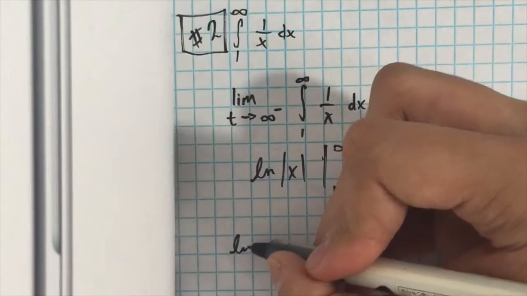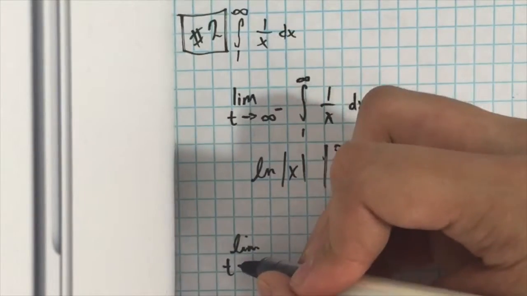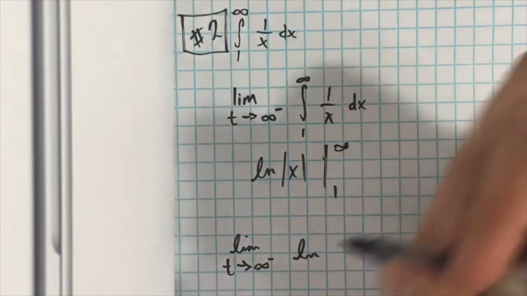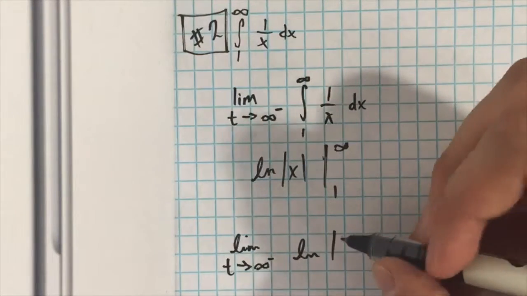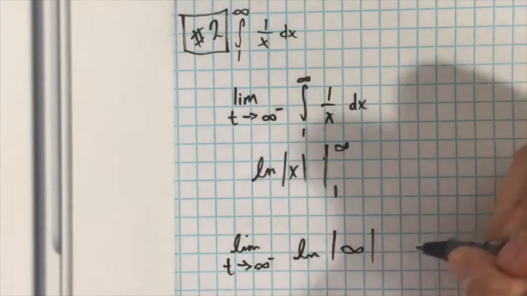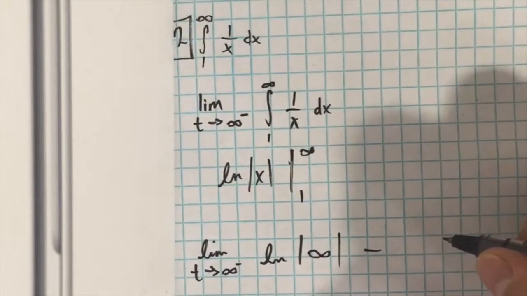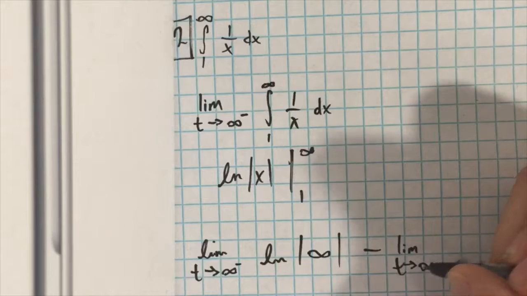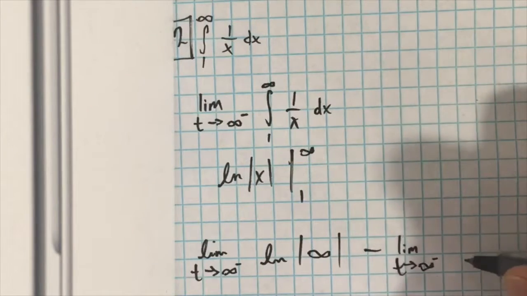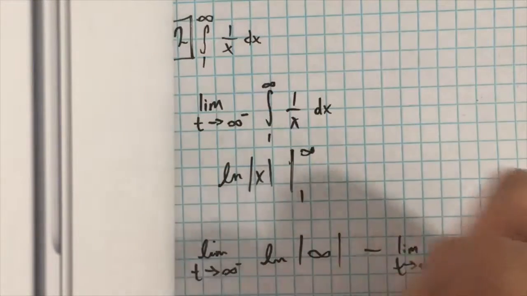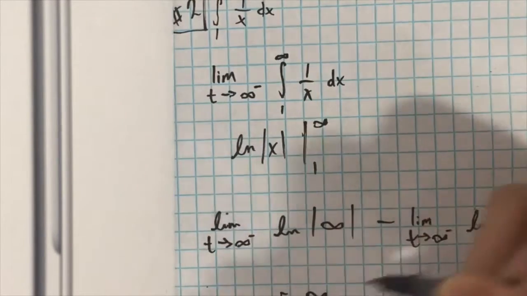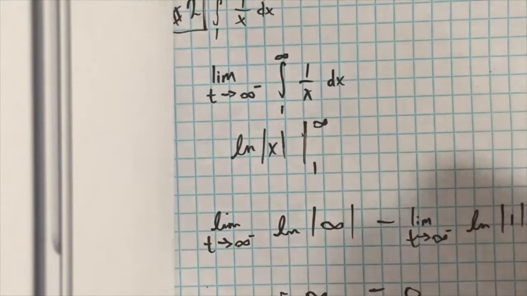that limit as t approaches infinity from the left, ln of infinity minus the limit as t approaches from the left, natural log of 1, which then equals infinity minus 0.